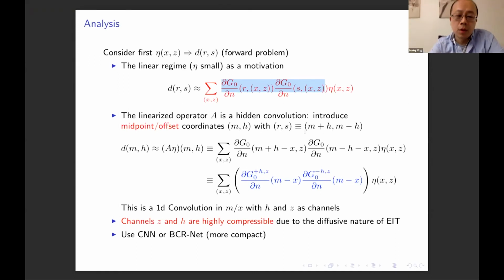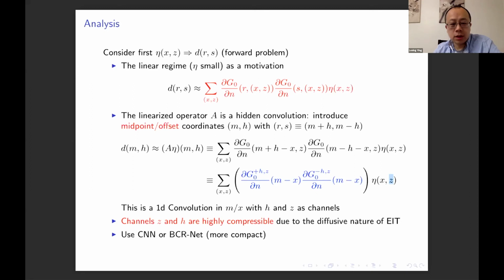So then, what you do here is rewrite this operator in the new M and H coordinates. M is the midpoint, H is the offset. Once you do that, you clearly see that the convolution structure between M and X pops up. The H coordinate and the Z coordinate are really serving as parameters. And equally important, the Z and H coordinates are highly compressible.